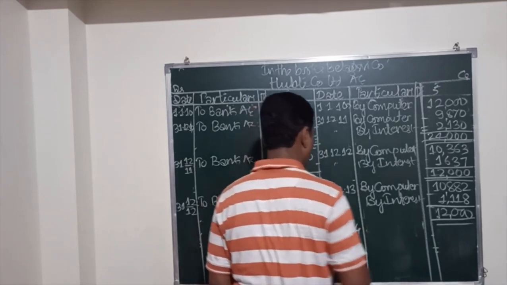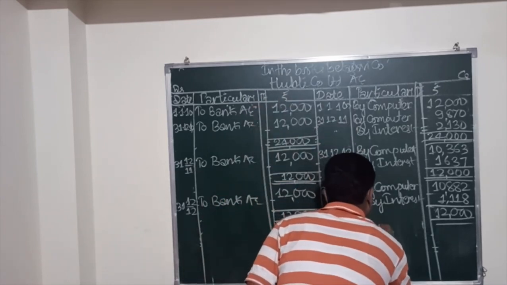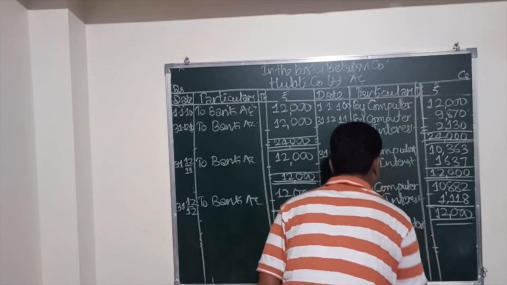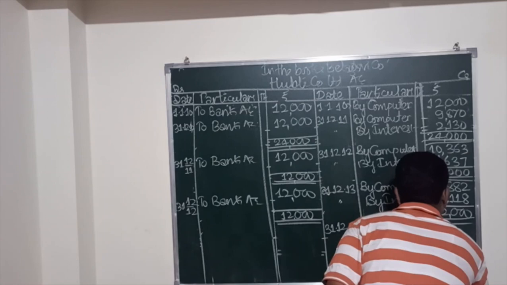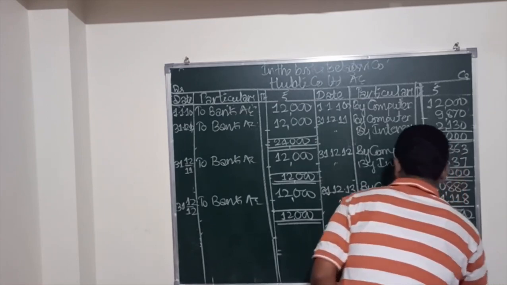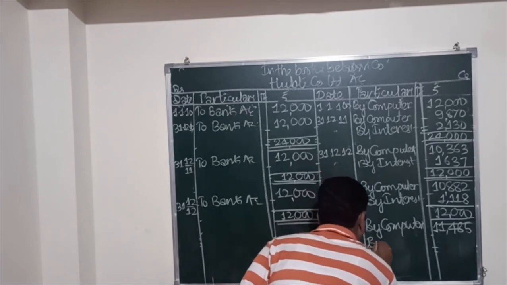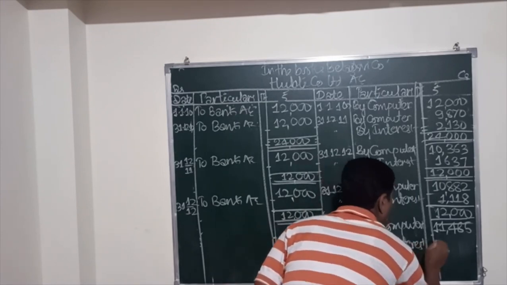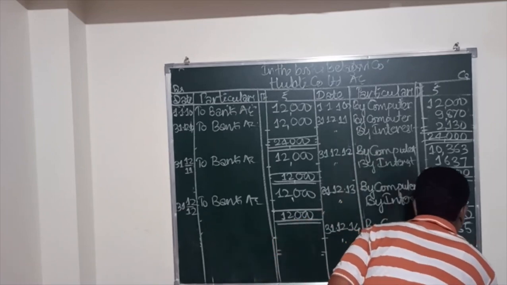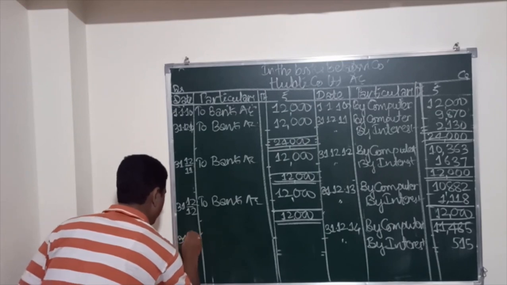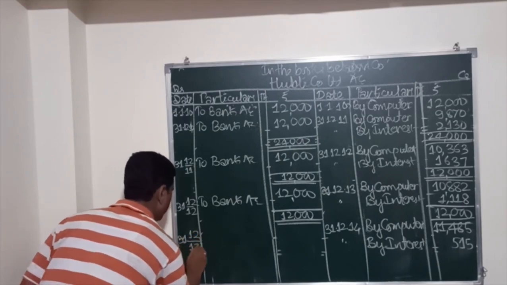Then the entry will be computer account debit, interest account debit to Hubli company. Hubli company is credited by computer 11,485. So on the same day, by interest 515. Then the last final payment, that is on 31/12/2013.